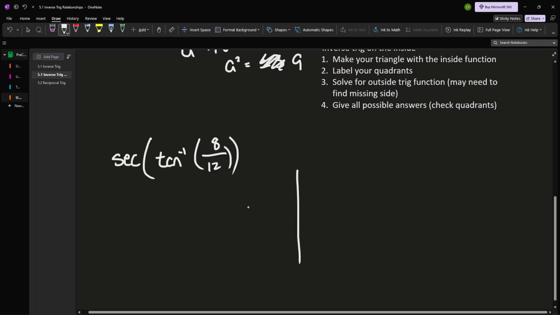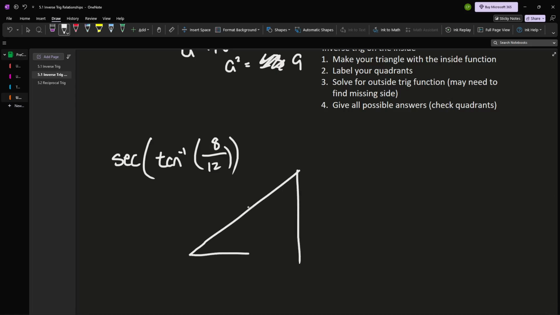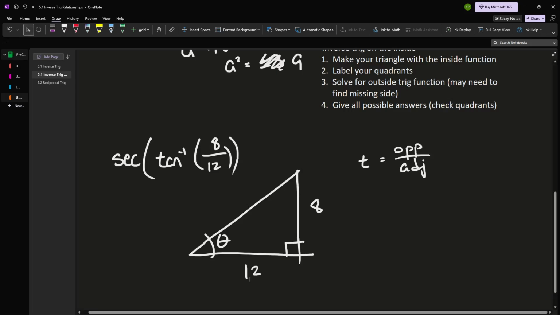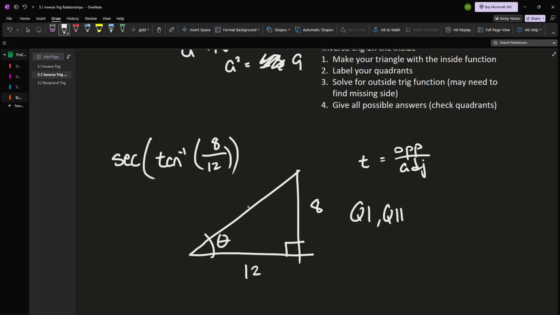So with this, we first make a triangle. The size doesn't matter. Tangent is opposite over adjacent, 8 over 12. Our quadrants for this are quadrants 1 and 3. We now want to find secant.